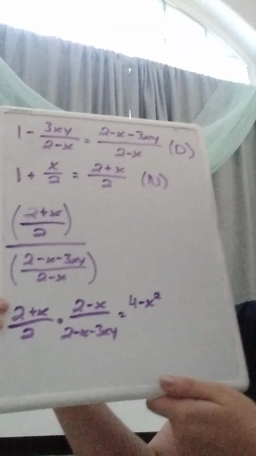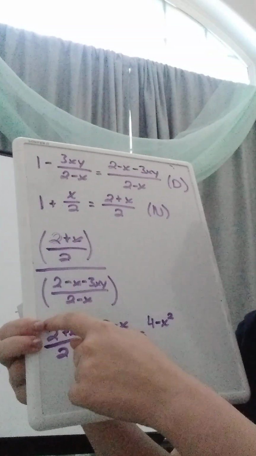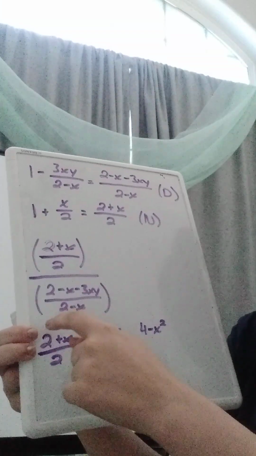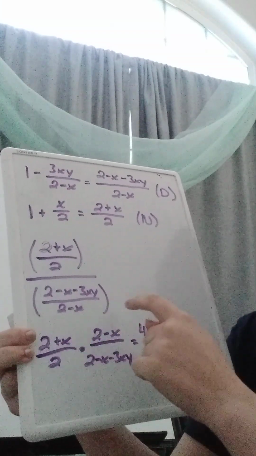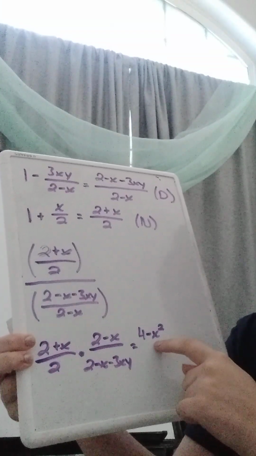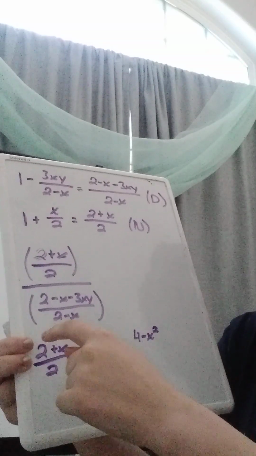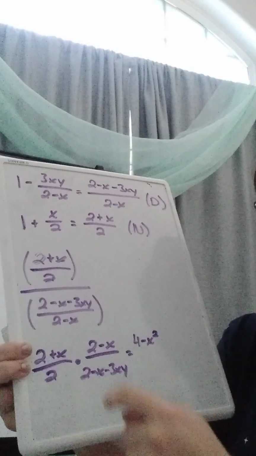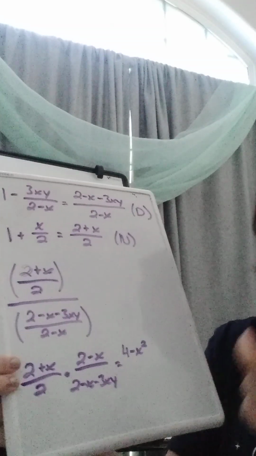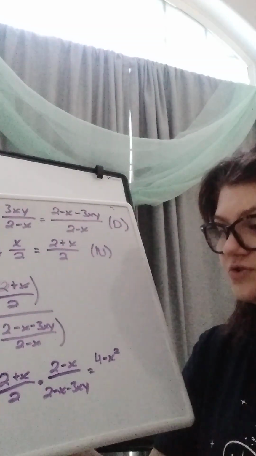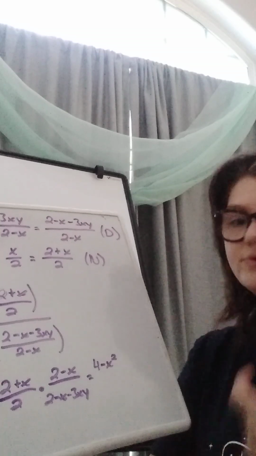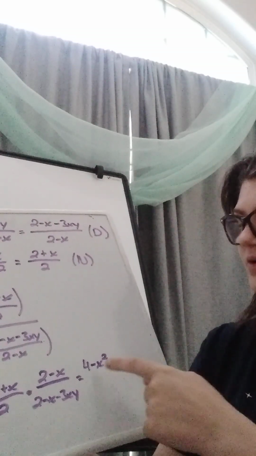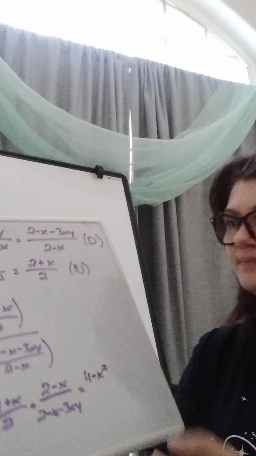Sorry, you guys can't see that. FOILing, 2 times 2 is 4, and then x times negative x is our negative x squared. And then if I multiply 2 and this negative x, we're just going to have negative 2x plus 2x, which is 0. So we're going to have 4 minus x squared.